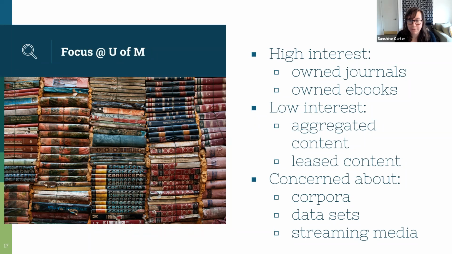It's too difficult really to monitor and track that, and least content, of course. We have a lot of concern about other types of resources, which would be the data sets, the streaming media, just kind of the ephemera that's out there that we haven't really focused on at Minnesota. Next slide, please.